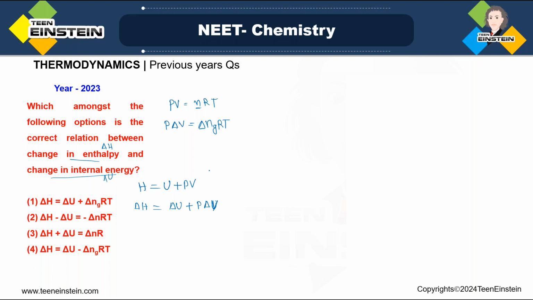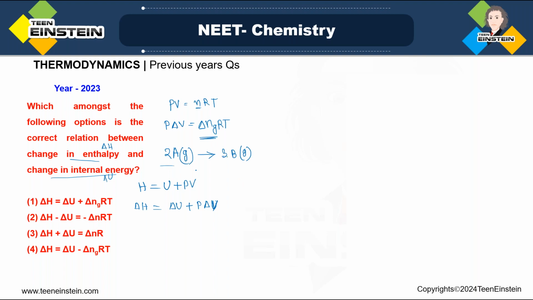Now what is the meaning of g? g means total number of gaseous moles difference. So in the product side there will be some production of number of moles. So suppose I am writing in general, I have a gaseous reactant which we have taken as 2 moles and it is producing 3 moles of another gaseous product which is B. So in this case, the del n g value should be 3 minus 2.